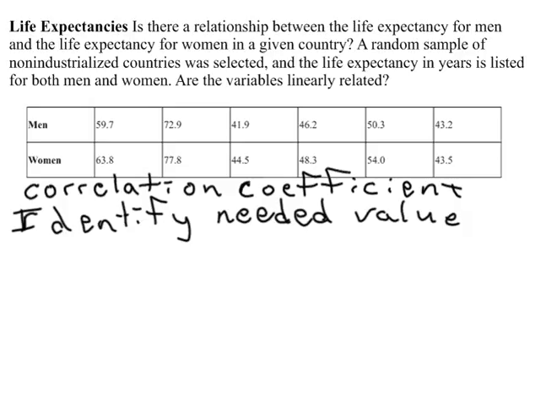The needed value concept that I'm discussing is you need to know the sum of x, the sum of the x's squared, the sum of the y's, and the sum of the y squares.